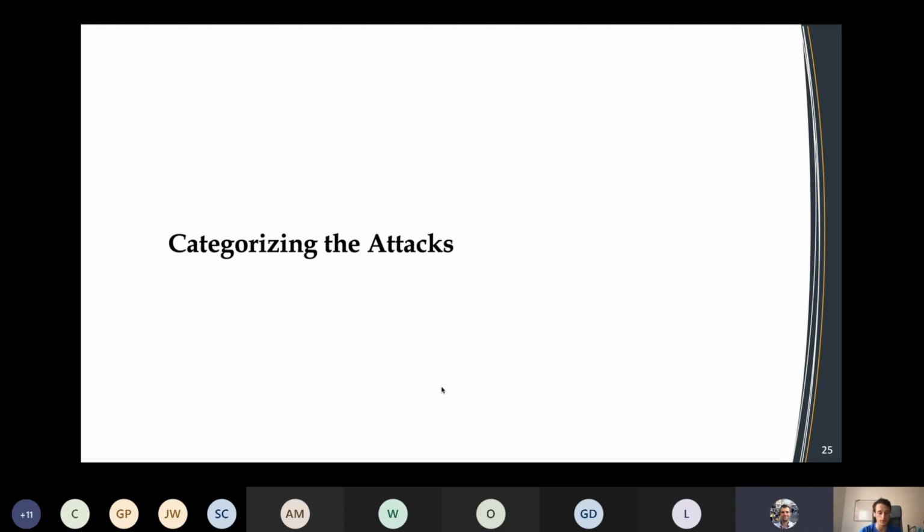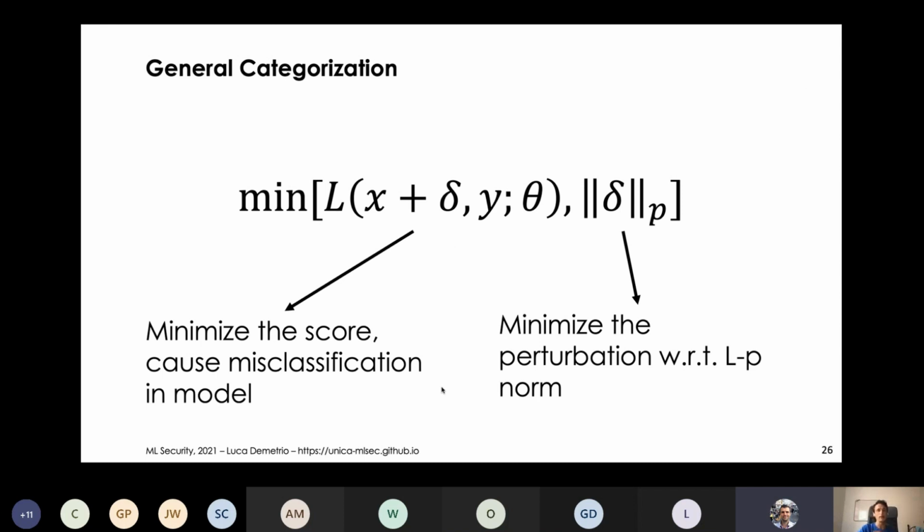Now you have all of this timeline, and it might be a bit messy because you have FGSM, JSMA, Carlini-Wagner, and PGD. We wish to say, is there a way to categorize all of these things in a usable framework and understand the differences in a more precise way? Yes. Everything that I told you so far can be generalized by this minimization problem.